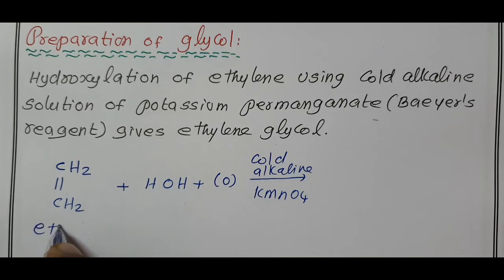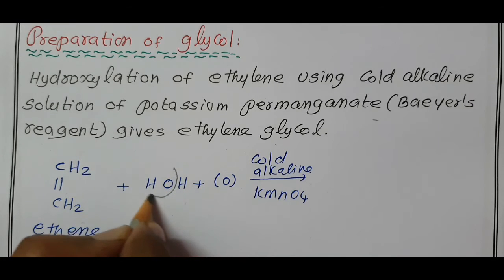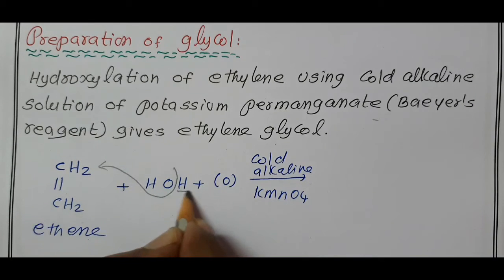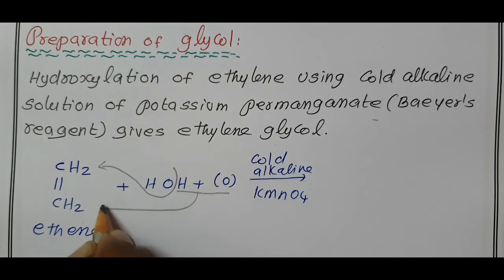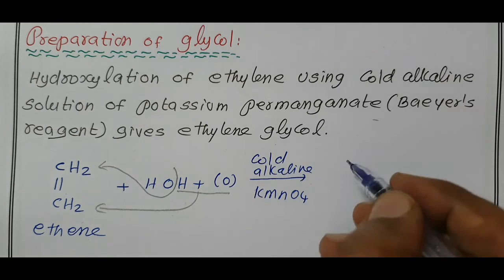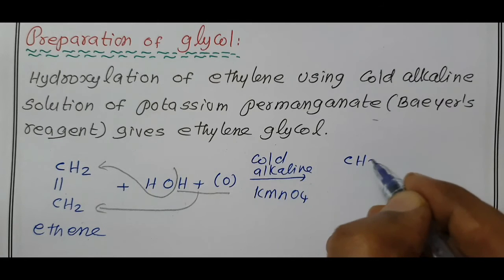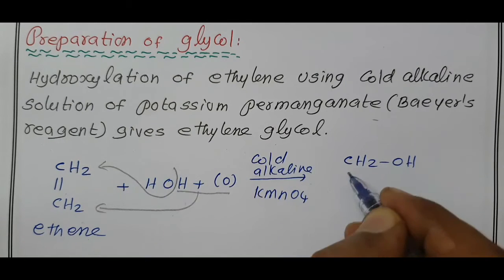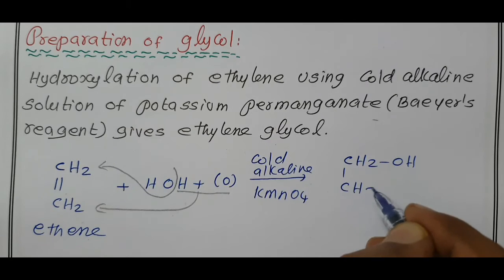There are 2 carbons with a carbon-carbon double bond in ethene. We know in a double bonded compound addition reaction takes place: one OH is added to one carbon, another OH is added to the other carbon. The double bond is converted into a single bond, giving CH2OH and CH2OH.